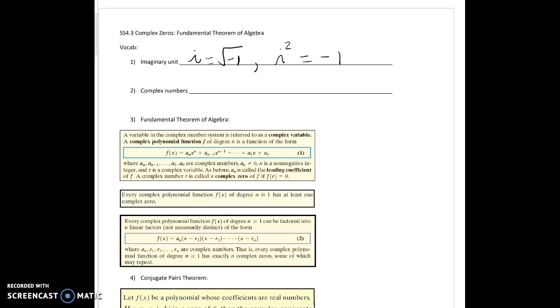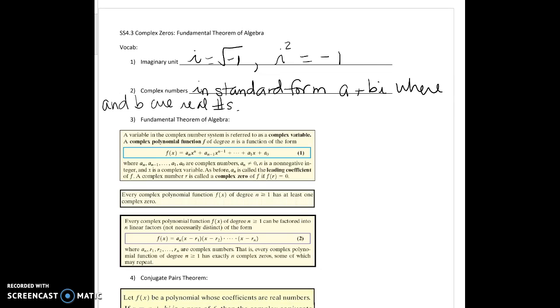Complex number, we're going to do a standard form. So in standard form, it is a plus bi, where a and b are real numbers. Okay, so I'm going to give you some examples.